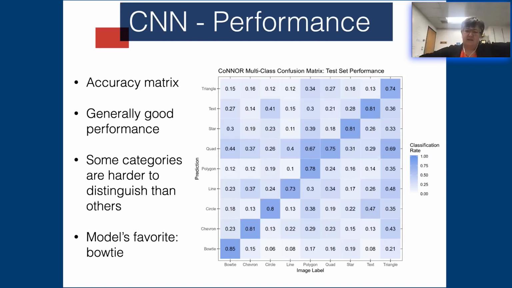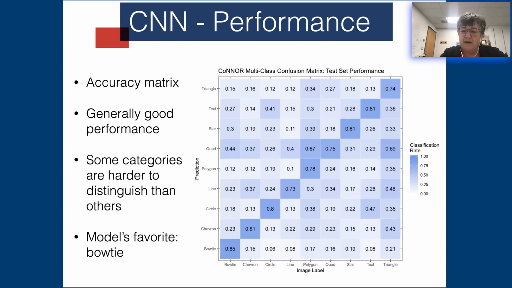Off the diagonal, so in the top left corner and the bottom right corner of that matrix, we want to have as low values as possible. So that's the error that we make. So this 0.15 that we see in the top left square, that is where the model said that it was a triangle, whereas it was actually a bow tie.